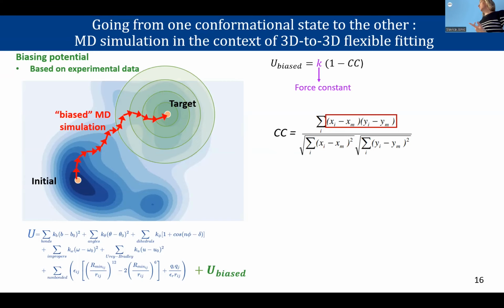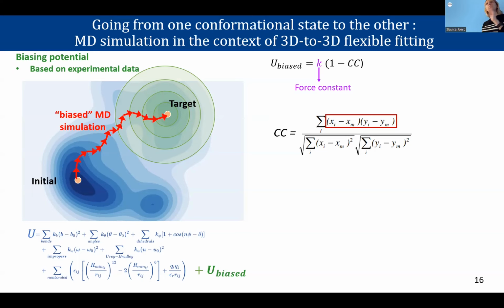Because this is what we are doing: we go from the initial to the target state in the data. But I can guide this simulation by selecting this K very high or very low. If K is 0, it is like having only MD simulation. I don't put any constraint by the data, so I'm not guiding the simulation by the data.